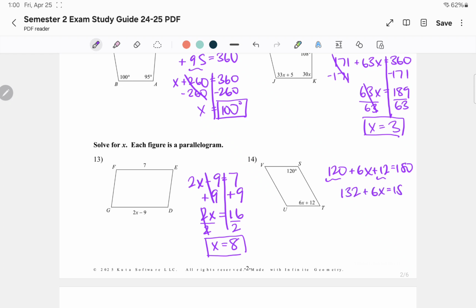Bring down the 6x and the 180, and now I can solve. Let's subtract 132 from both sides. I get 6x. 180 minus 132 is 48. And when I divide both sides by 6, x is equal to 8.